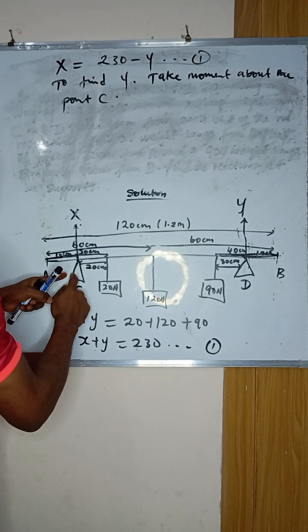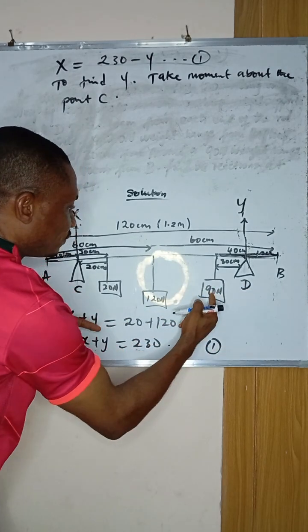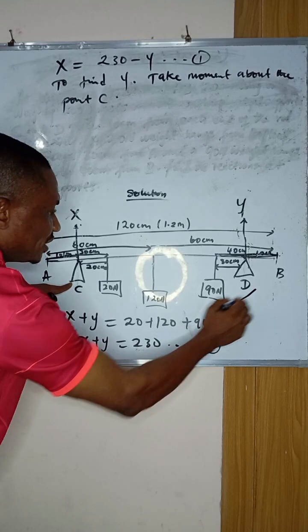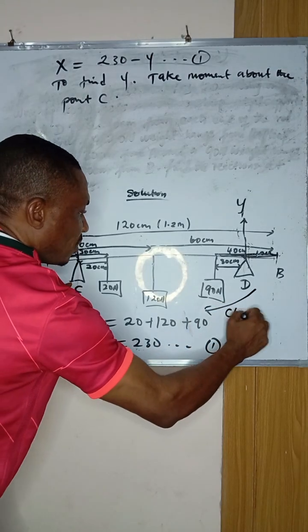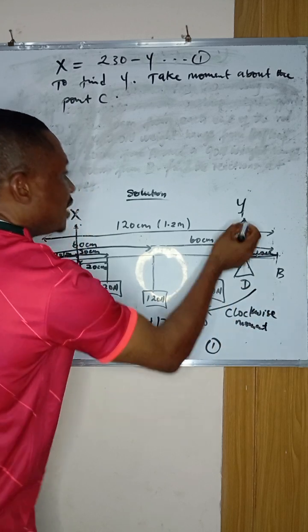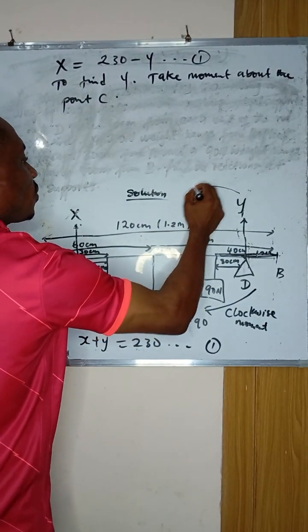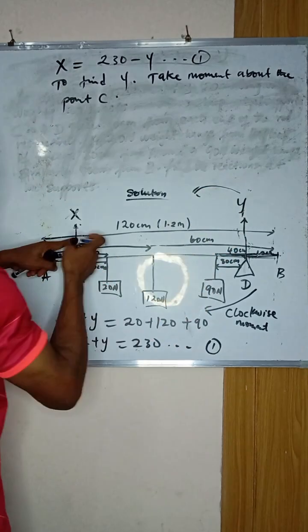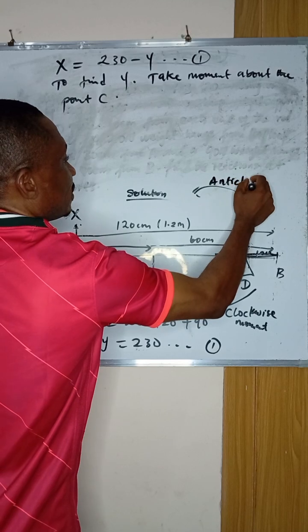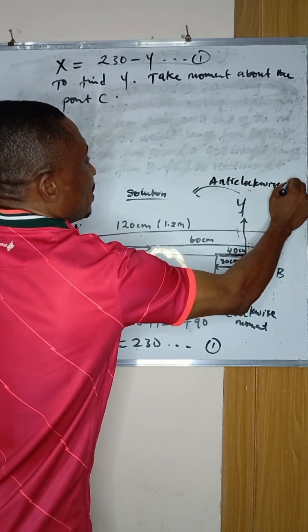If you are taking moment about this, from this force, take them to this point C. We call this one clockwise moment. Then we call this one anti-clockwise: the force times the perpendicular distance to reach here, anti-clockwise moment.